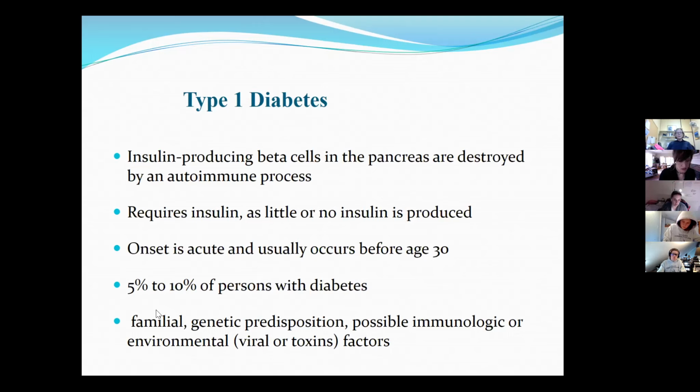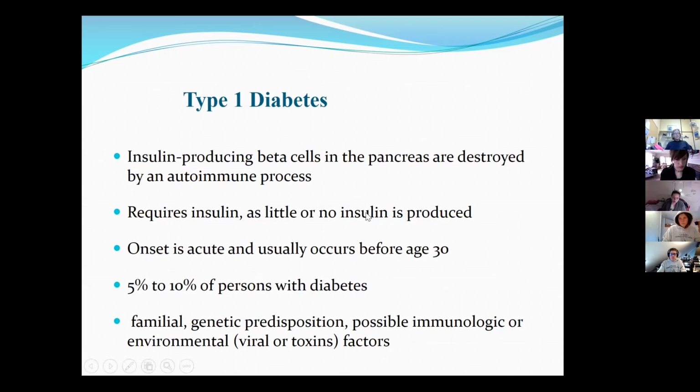Again, this 5 to 10%, I really want you to think about 5%, because what's happened over the last decade or so is that the numbers of people with diabetes have climbed, but the number of people with type 1 diabetes has not climbed as rapidly. So type 1 diabetes is no less likely, it's just a smaller percentage of the full number of diabetics. That makes sense? Hopefully.